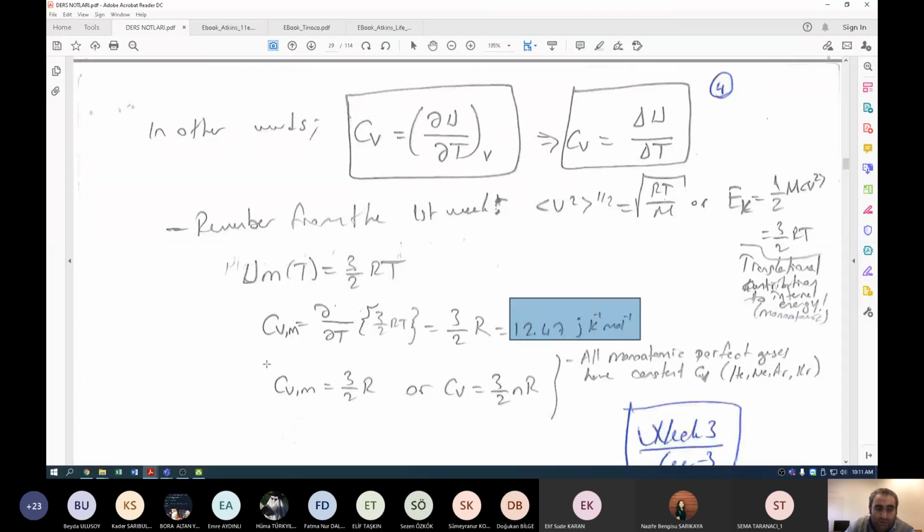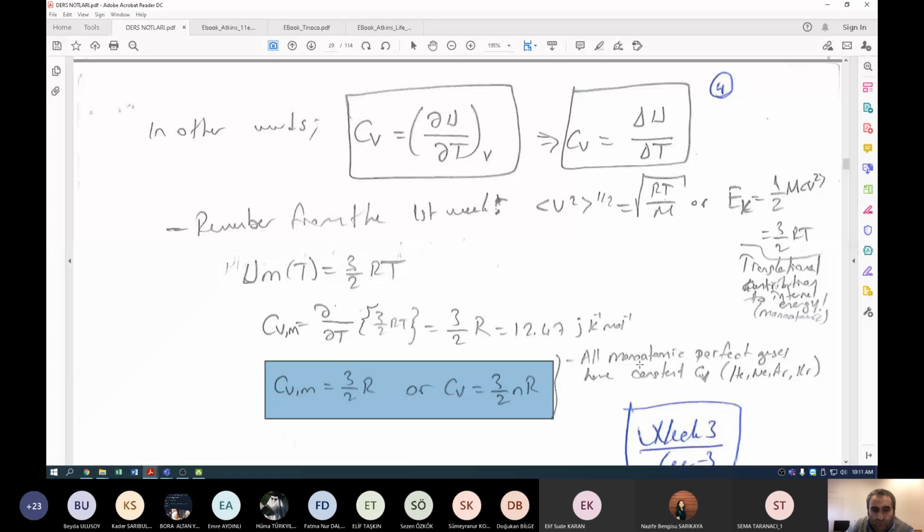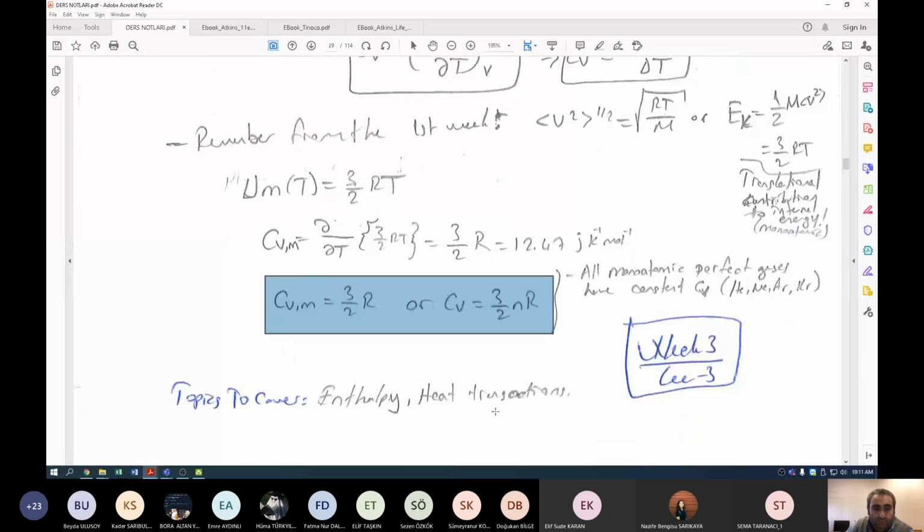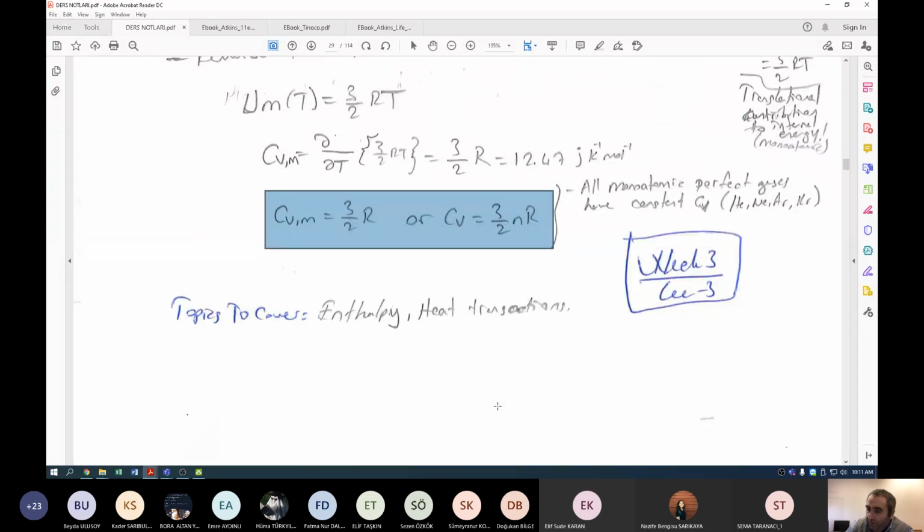So this is valid for all monoatomic perfect gases. This is very important, and you should learn how to derive the heat capacity at constant volume or at constant pressure. We will come to that soon.